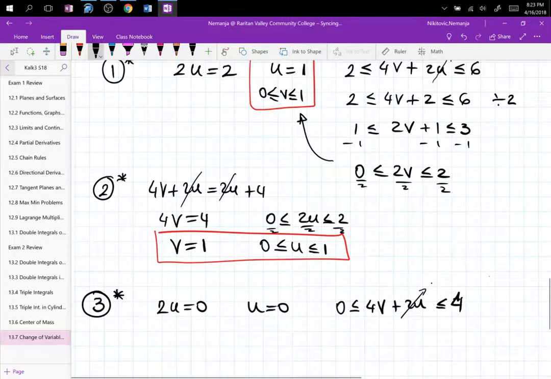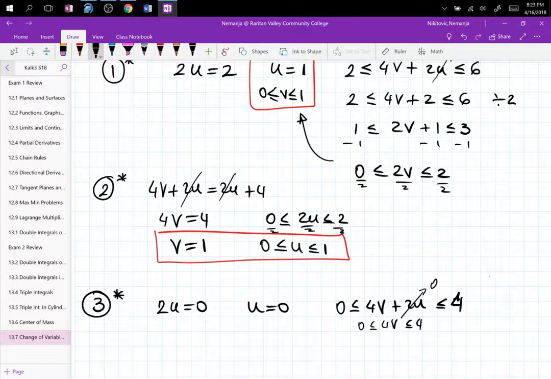We know that u is equal to 0, so this dies. And from here we get 0 less than or equal to 4v less than or equal to 4, divide everywhere by 4. So we get that v is between 0 and 1. That's another set.